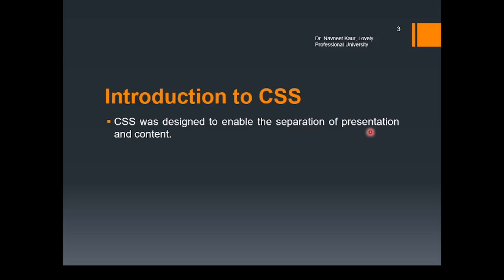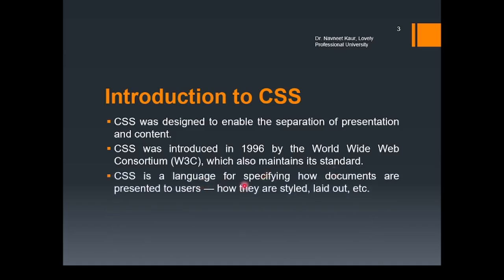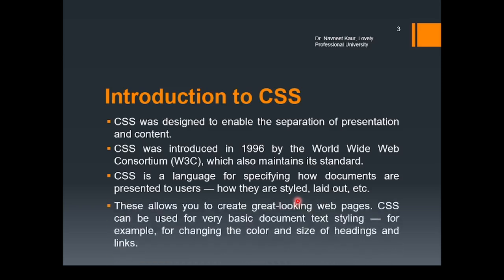That is, what are the colors that you want to use, what is the alignment, what is the border style or the border color, and there are so many things that you can include in CSS. CSS was introduced in 1996 by the World Wide Web Consortium, which also maintains its standard. CSS is a language for specifying how documents are presented to the user, like how they are styled and laid out.